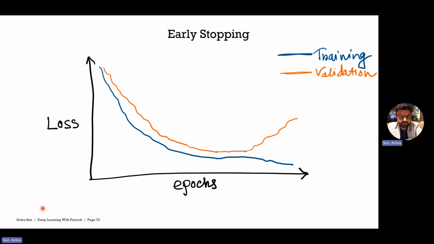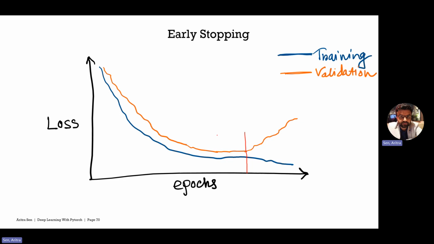So you may want to use a cutoff and stop your training process here, right? Because here you will get the optimal result, and after that your validation loss is getting increased. So you don't want to go down that path.